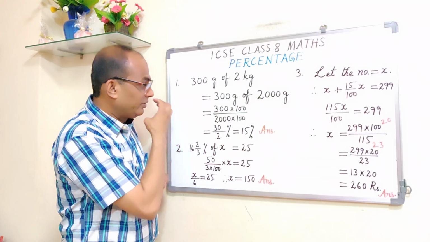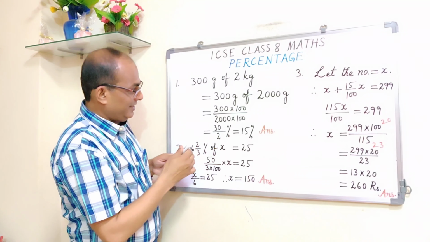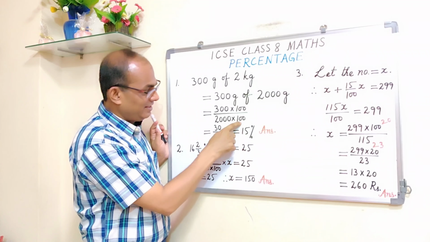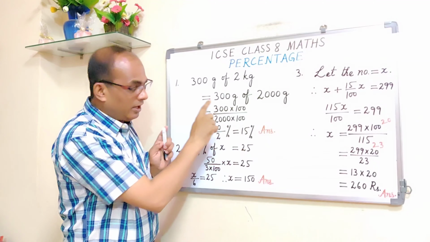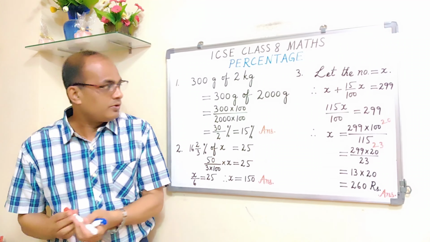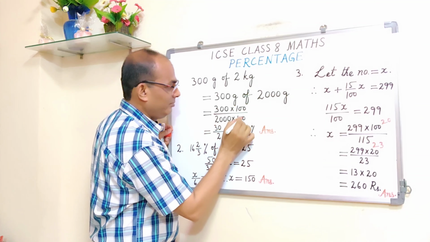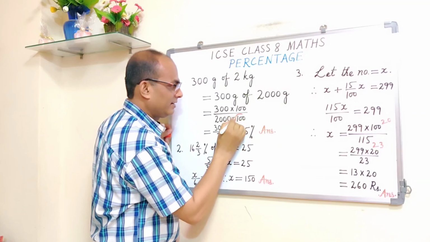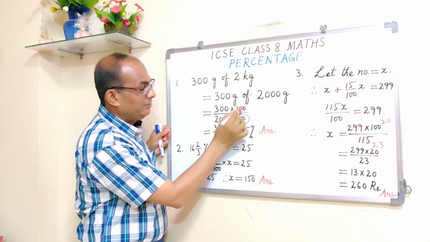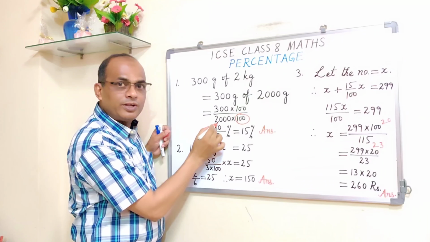Okay. Now see, this 100 will become percent. Now how much is remaining? 300 multiplied by 100 whole divided by 2000.